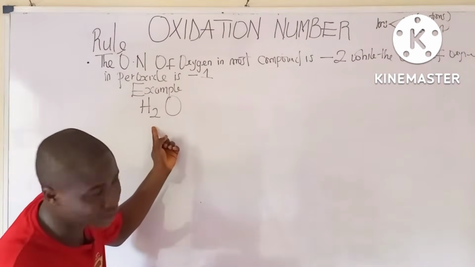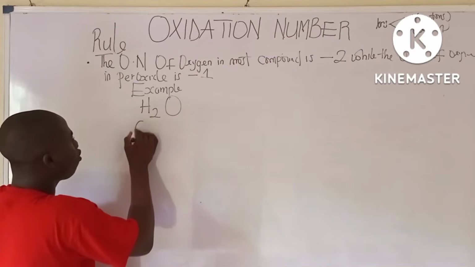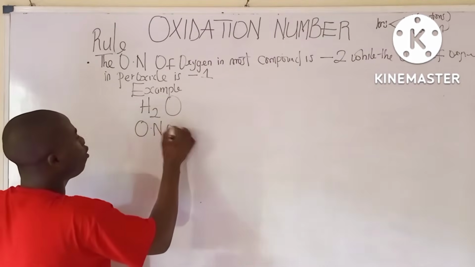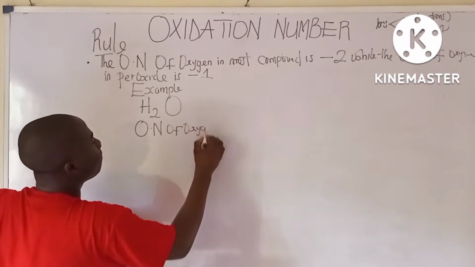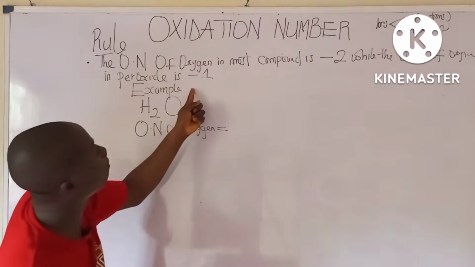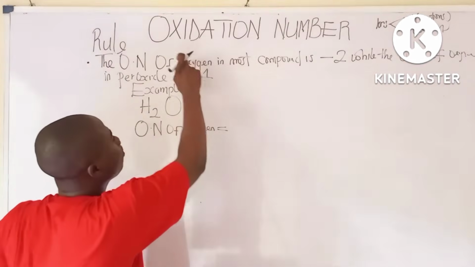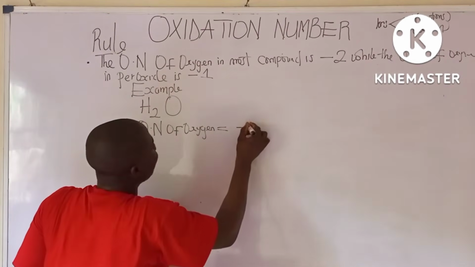It is water, a very common compound. So what becomes the oxidation number of oxygen from my explanation? Is it -1 or -2? Because this compound is very common, the oxidation number of oxygen in most compounds is -2.